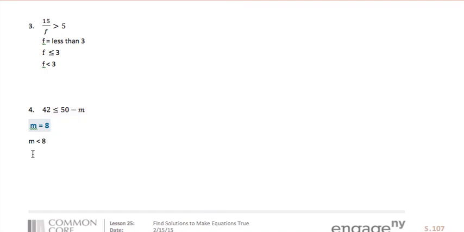So M could be less than 8, and M could also be less than or equal to 8.